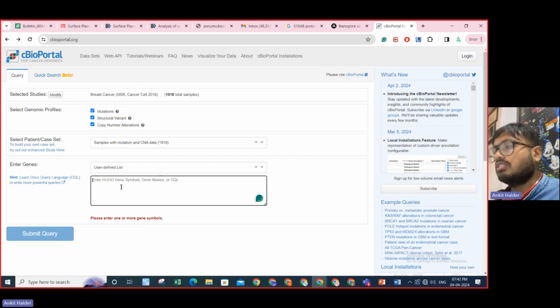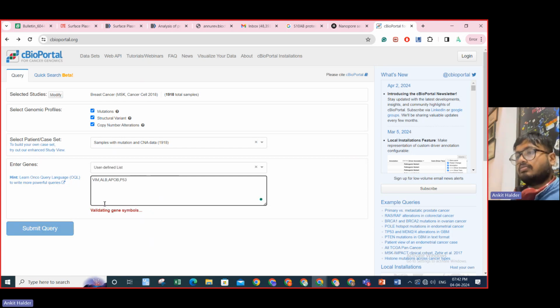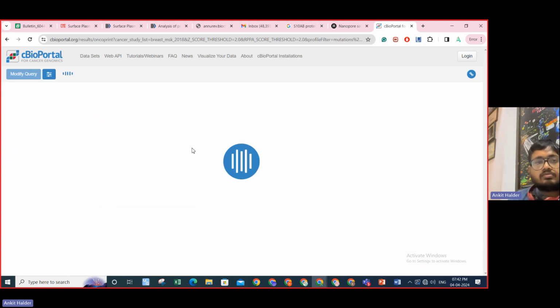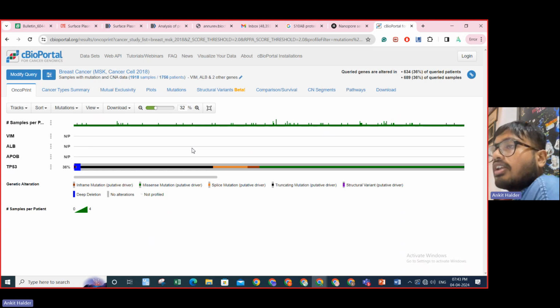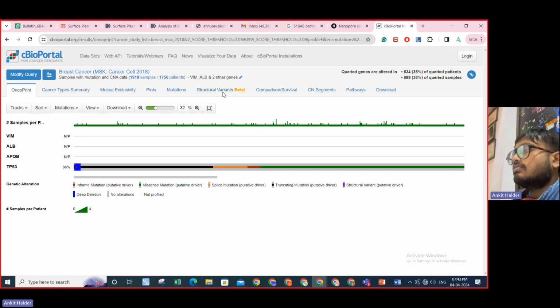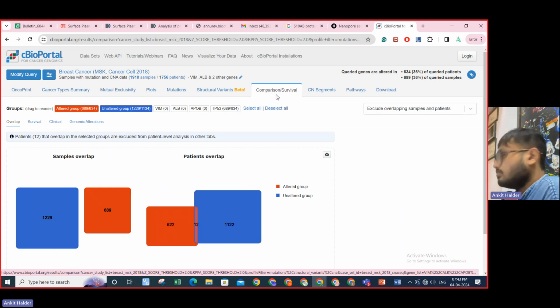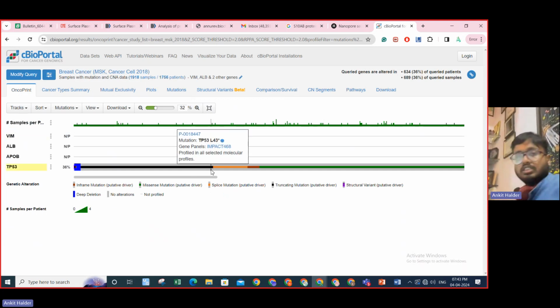Then you can get to know about all the genes and the mutation status. All these things you can get.